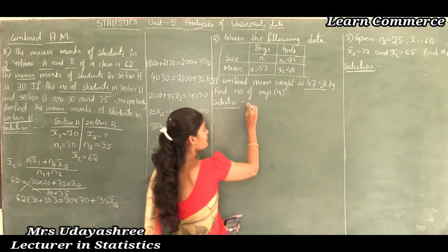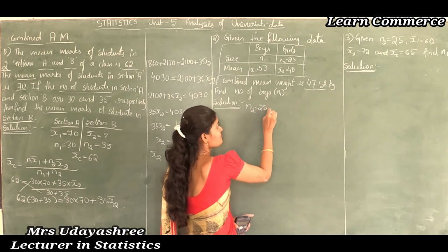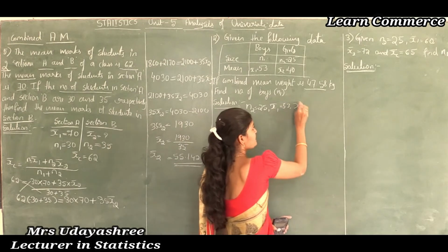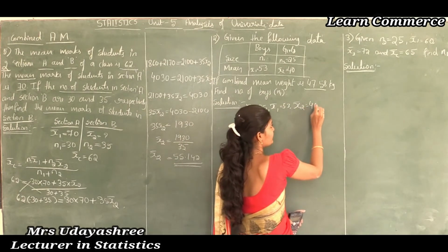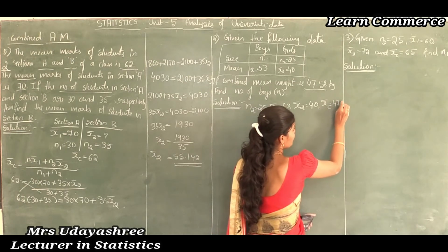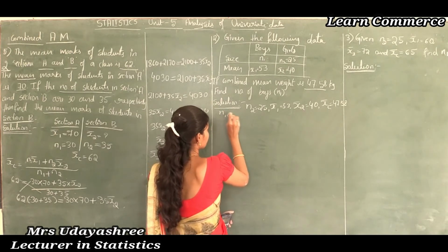So here the given information is N2, that is 25, x bar 1, that is 53, x bar 2, that is 40, then x bar C, that is 47.58. We need to find N1.